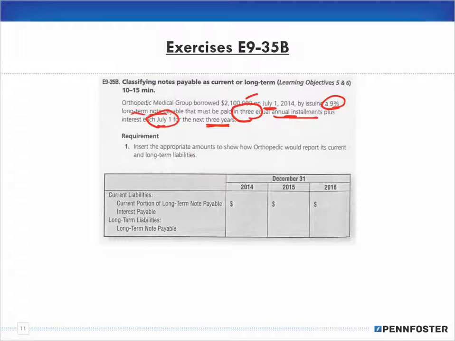So we're classifying notes payable as current or long-term here, and we insert the appropriate amounts to show how Orthopedic would report its current and long-term liabilities.